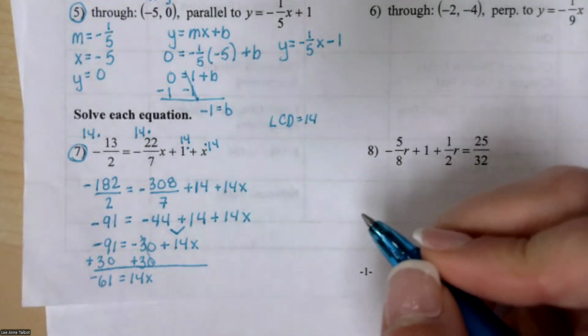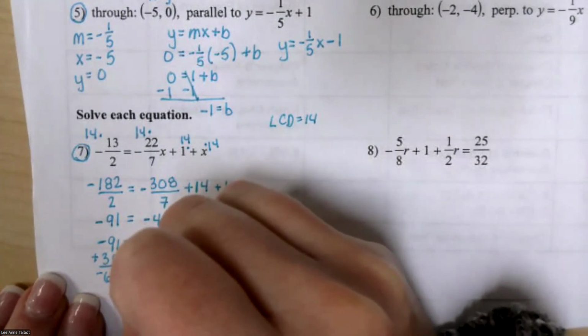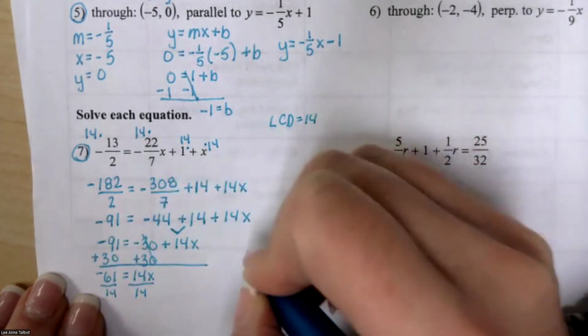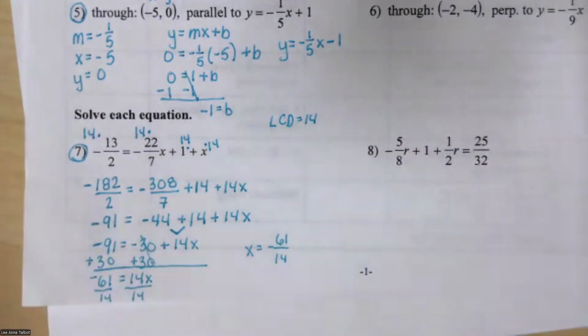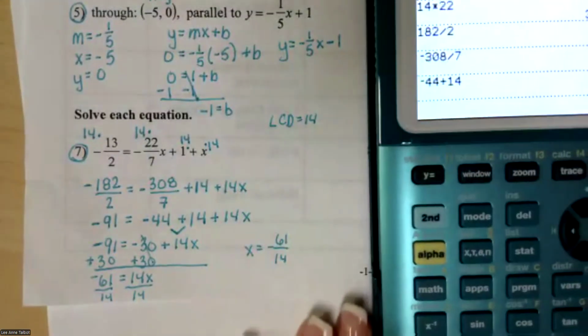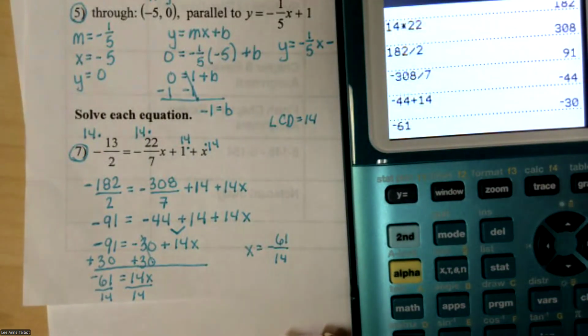This is not going to come out nice. Okay, let's check in my lazy fashion here. Negative 61 divided by 14.